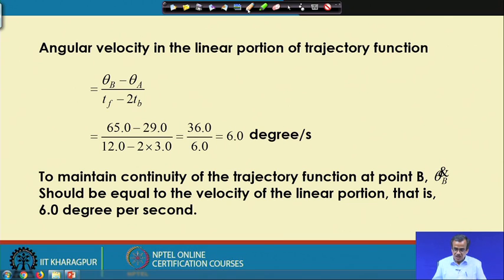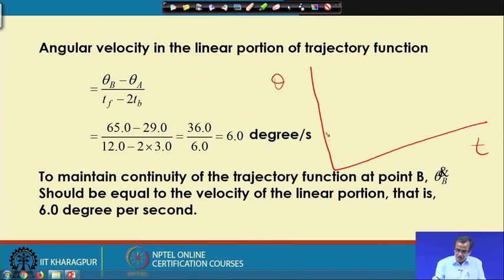Now, another small thing I just want to discuss. Supposing that I have got one distribution of theta. Let me prepare one rough sketch here. So, theta as a function of time.